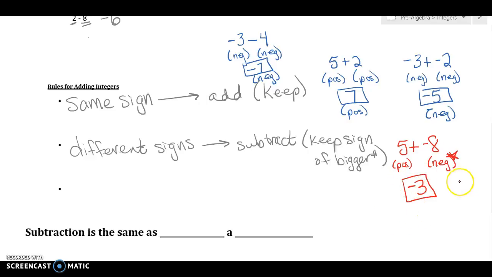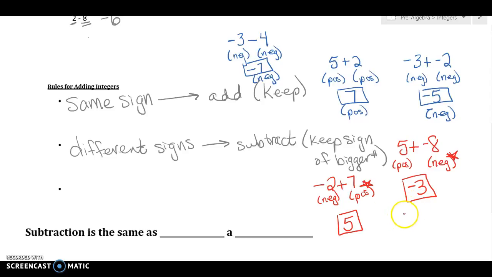Okay. Let's say I have negative 2 plus 7. This is negative. This is positive. Different signs subtract. 7 minus 2 is 5. And since 7's bigger, it's positive 5. Okay.